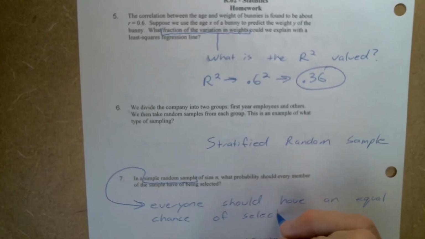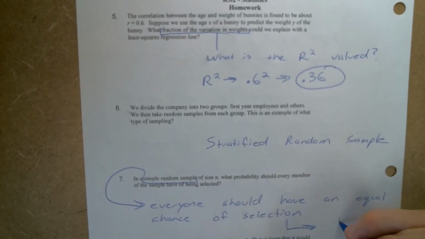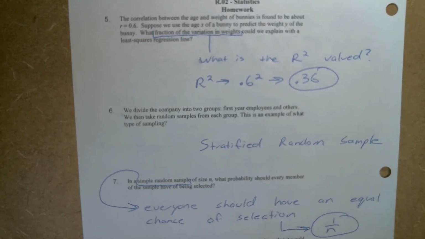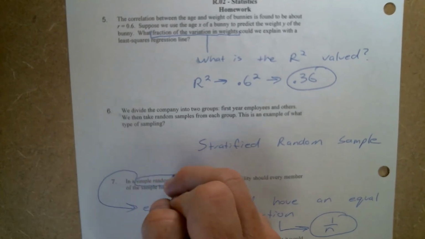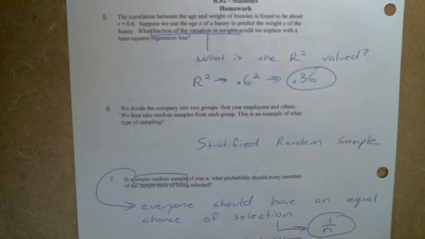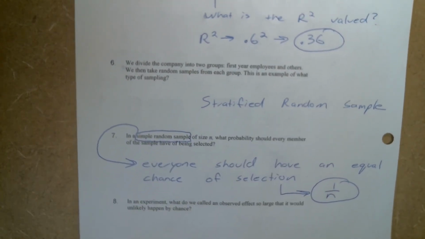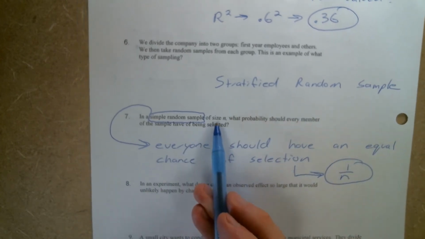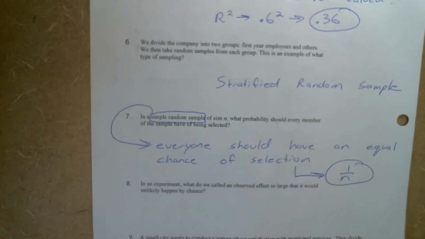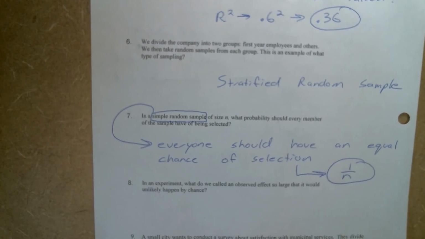And if there are n people in total, that implies that each person's chance should be 1 over n. All right, but that's understanding that a simple random sample requires that everybody has an equal chance. And then once you know that, it's just saying, all right, well, if there's 10 people, everyone has a 1 in 10 chance. If there's 100 people, everybody has a 1 in 100 chance. But everybody has an equal chance of being selected.